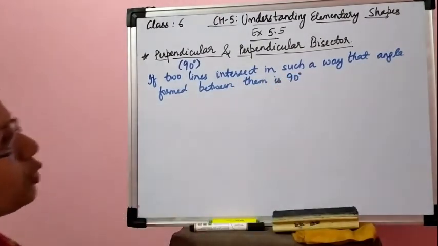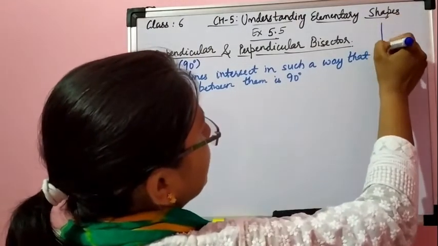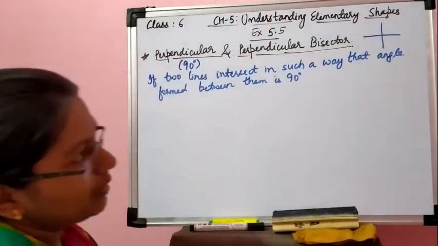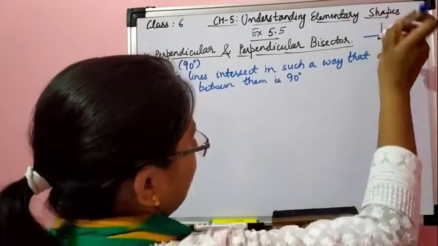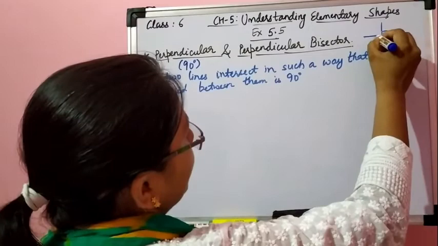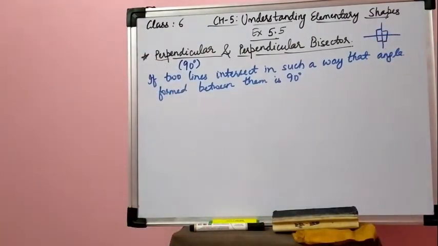Now these lines form a plus sign, you can say. This is one line and this is another line. They are intersecting in such a way that the angle formed is 90 degree.